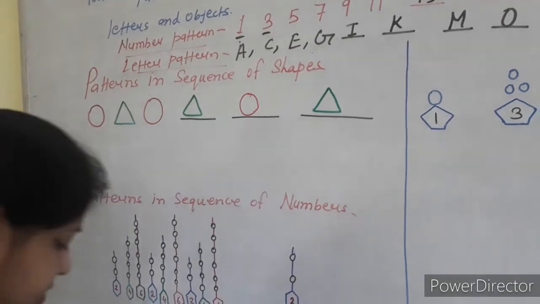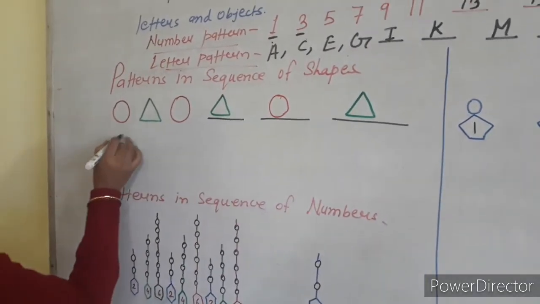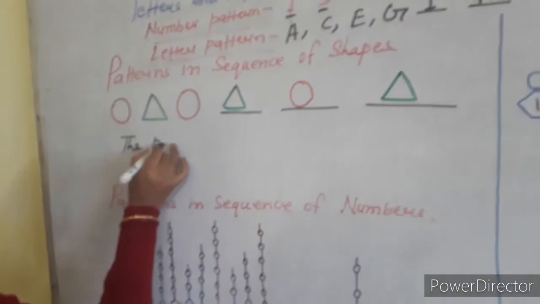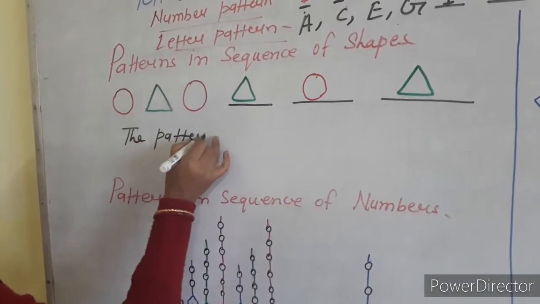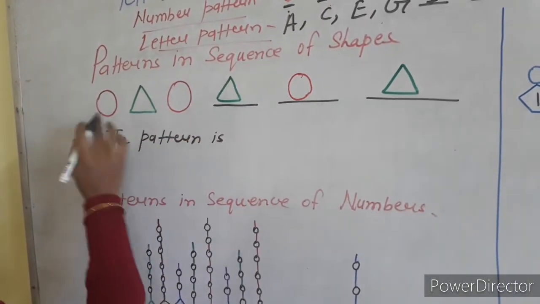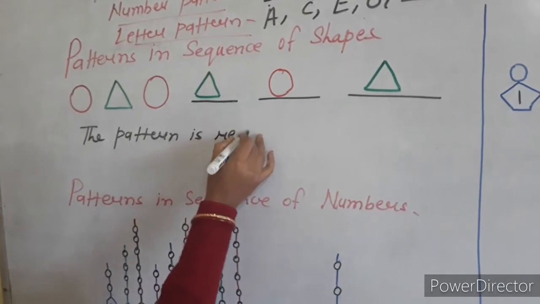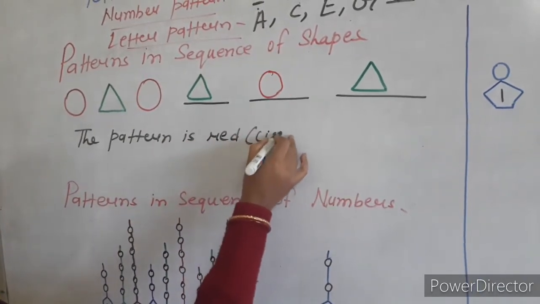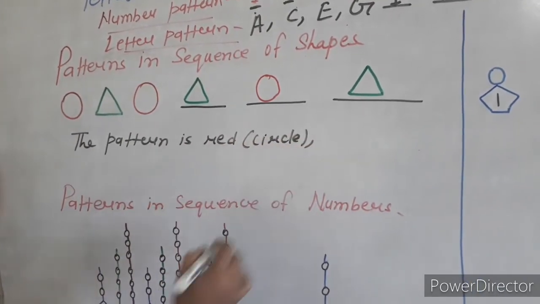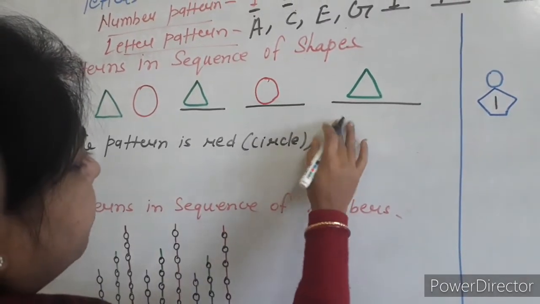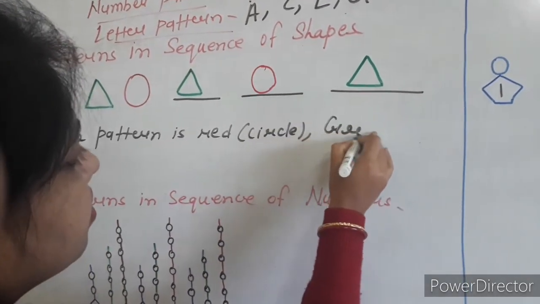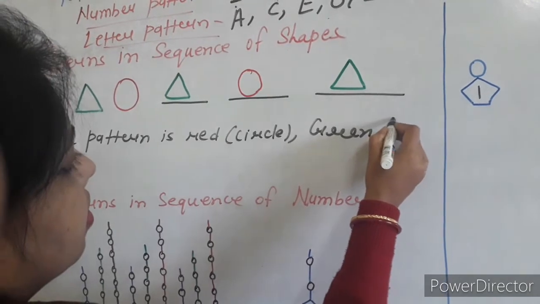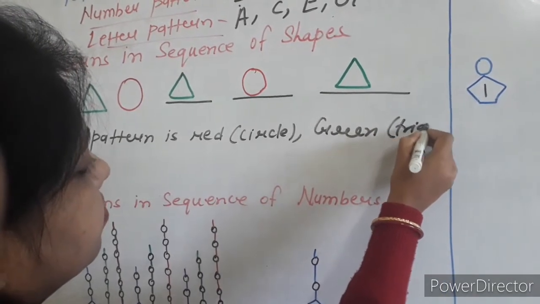So right here, what is the pattern? The pattern is red, that is circle, then green, that is triangle.